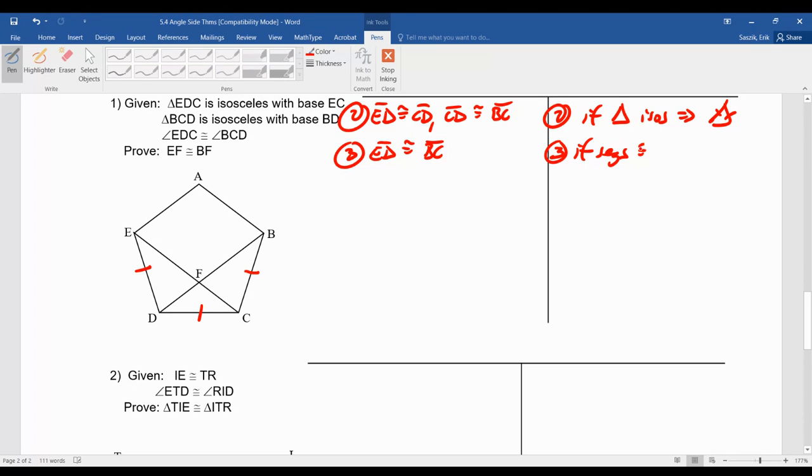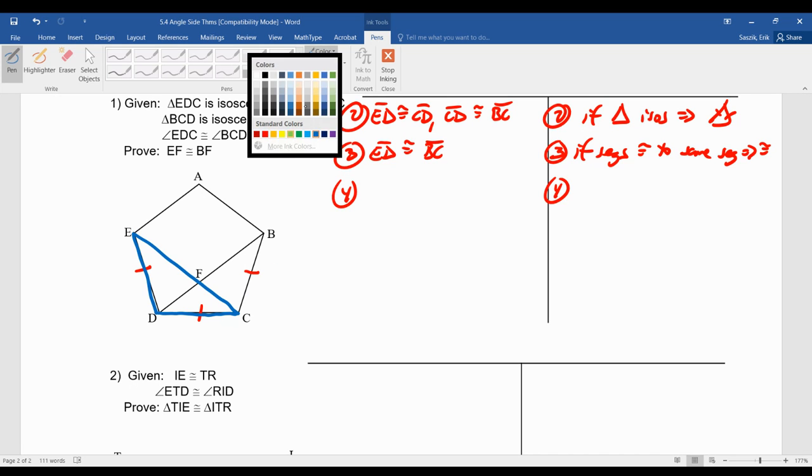If segment's congruent to the same segment, then congruent. So we're kind of caught up to our tick marks now. Hope you see we're going to prove this triangle here congruent to its overlapping twin over here.